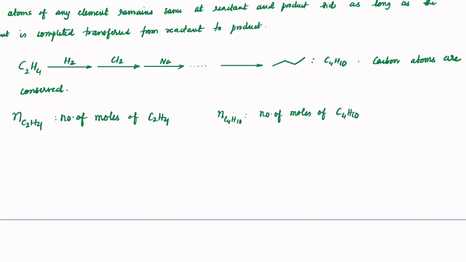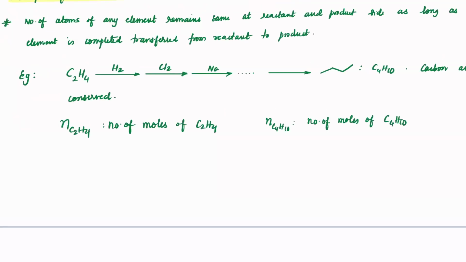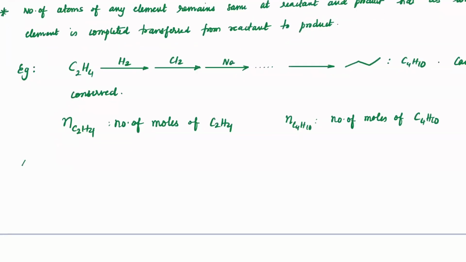So how are these two related here? Both are related based on carbon conservation. How would I show that? Please check. If I take 1 mole of C2H4, I would have 2 moles of carbon. If at all I have n moles, I should have 2n moles of carbon.